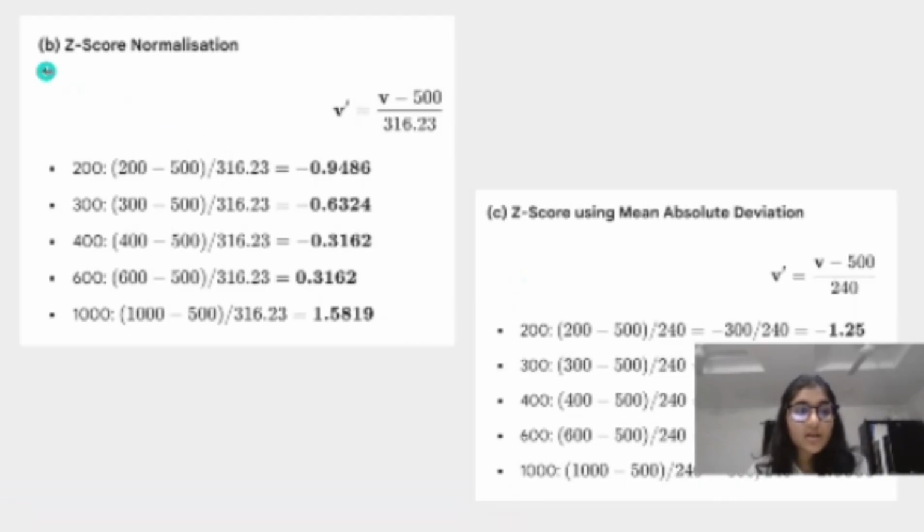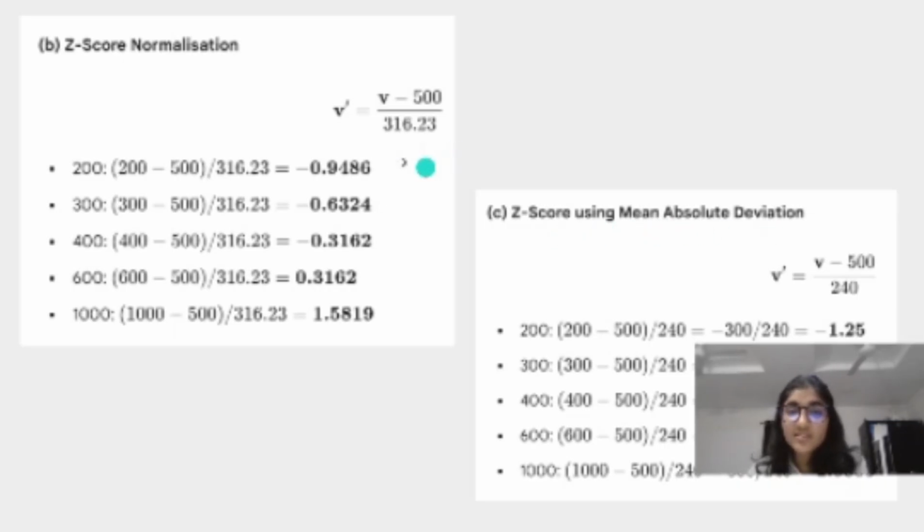In the B part, we need to calculate z-score normalization. Its formula is V' = (V - 500) / standard deviation, that is 316.23. We will put V as 200, 300, 400, 600 and 1000 and calculate the values in the same way. Then the C part is z-score using mean absolute deviation.